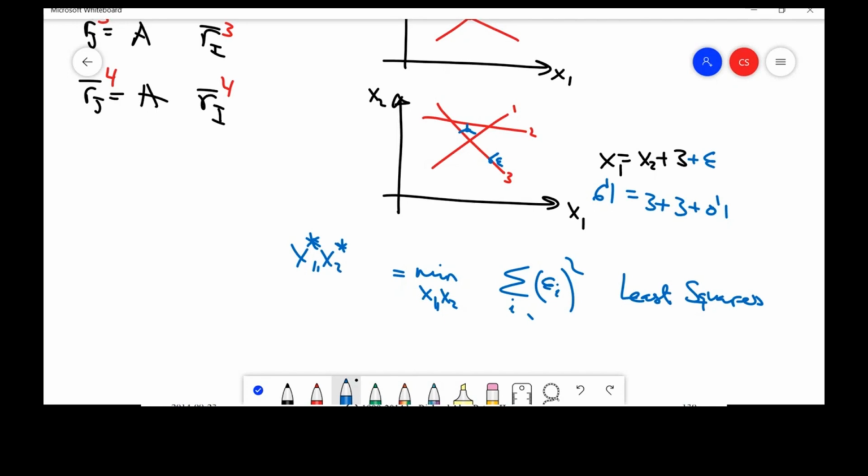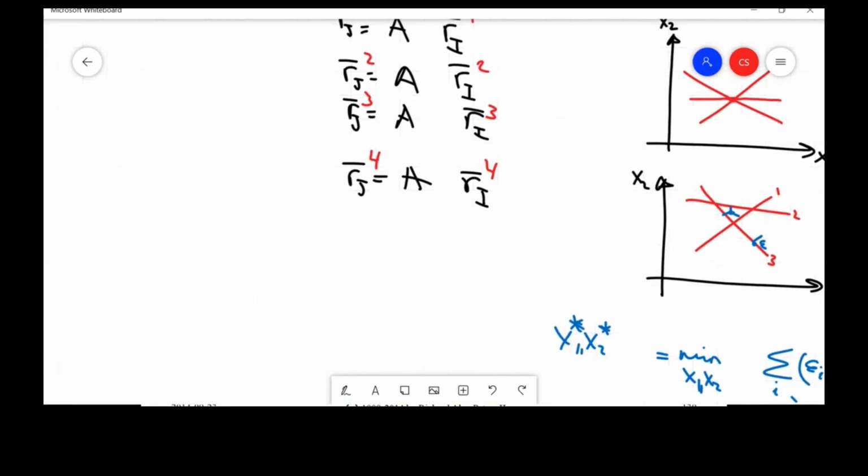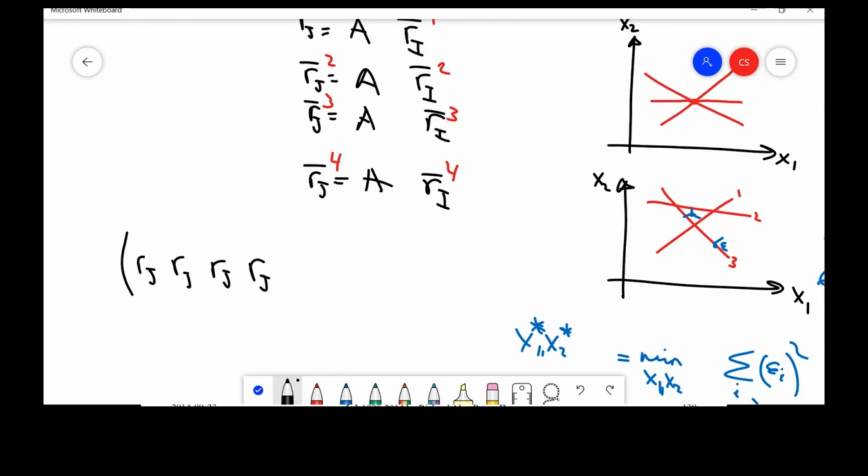Okay, so how do we look for the least squares solution of this problem of colors? We will do a trick. I can rewrite these 4 equations at the same time into a single one. So I can construct a matrix that is this one.